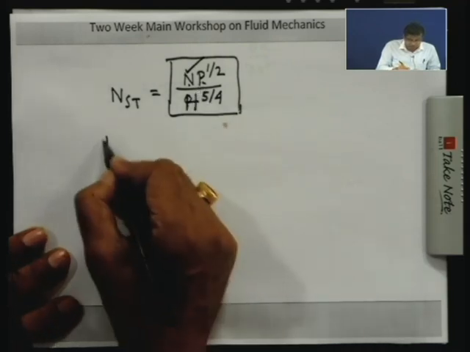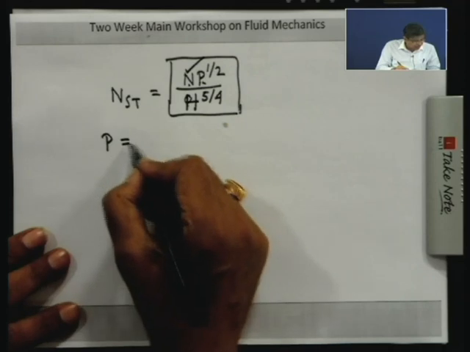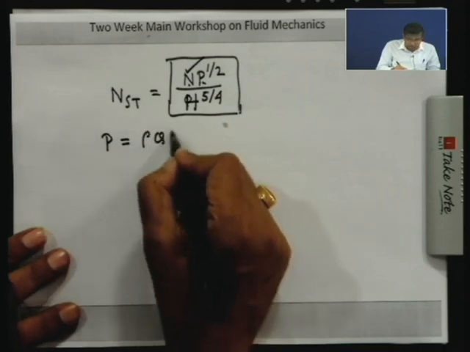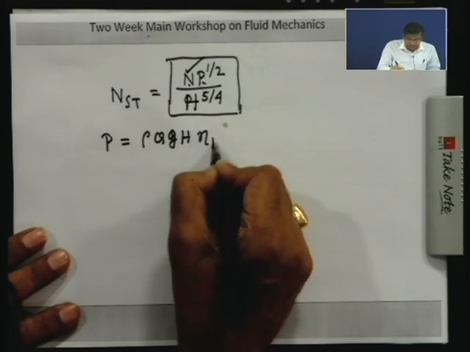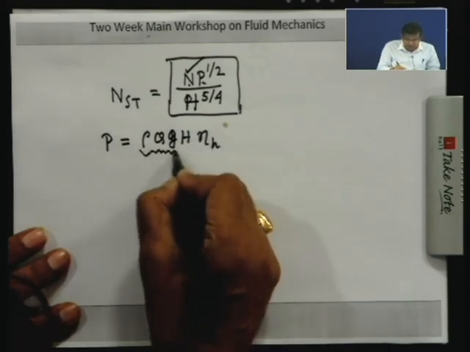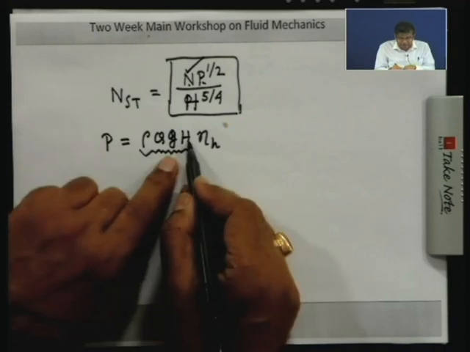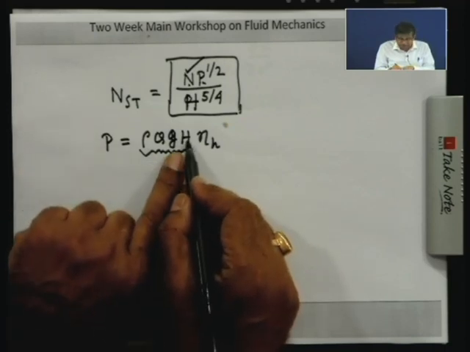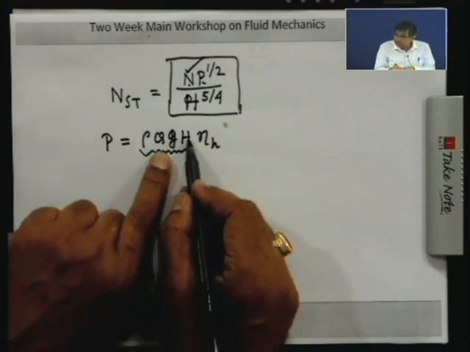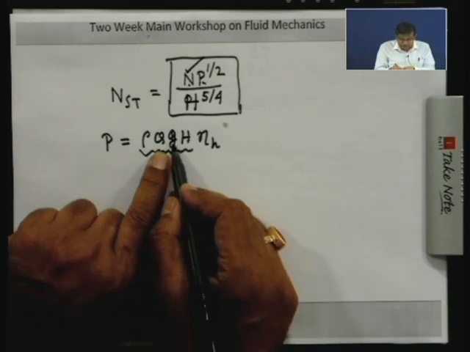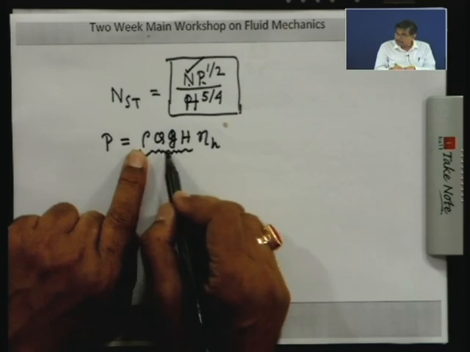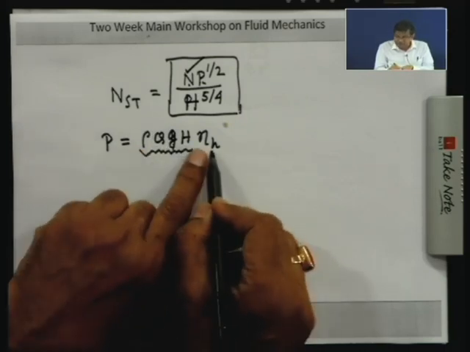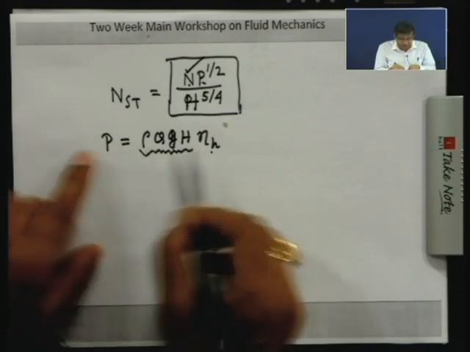Now if we write power in terms of the head, rho Q g H into eta hydraulic, that means rho Q g H is the power, H is the head delivered by the turbine, into g, that is work energy per unit weight, g into mass flow rate rho Q. This is the power available at the turbine, and this is multiplied with hydraulic efficiency to give power.